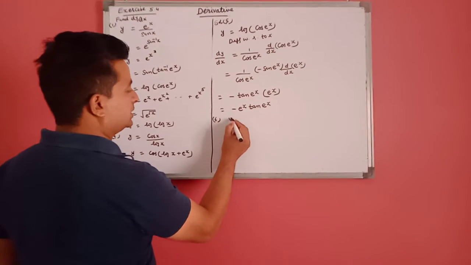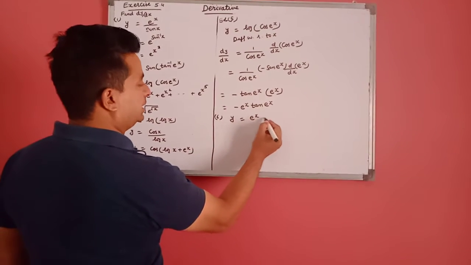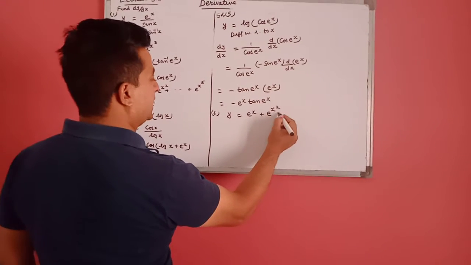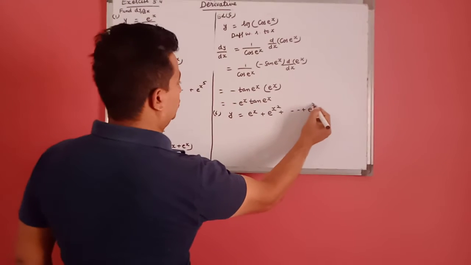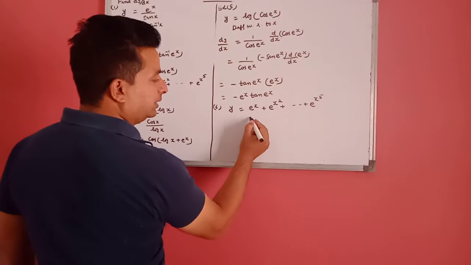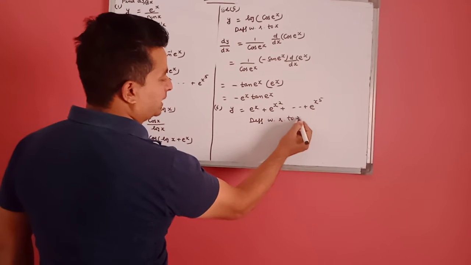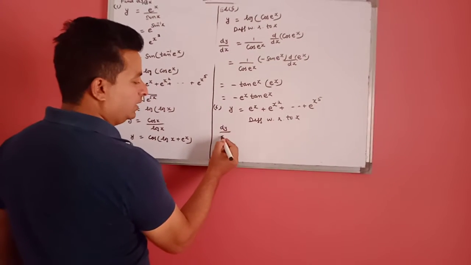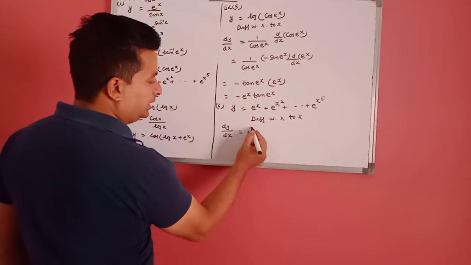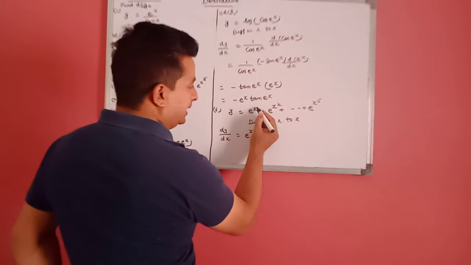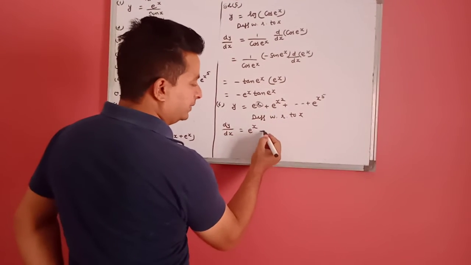In question number 6, the statement is e to the power x square up to e to the power e^x to the power 5. When we differentiate with respect to x, differentiation of e^x is e^x and the derivative of this is 1.